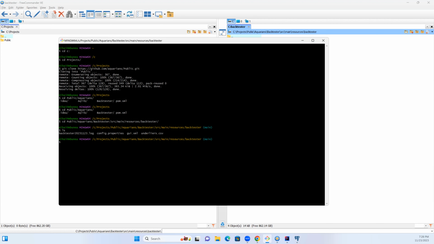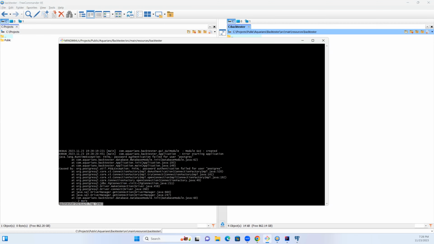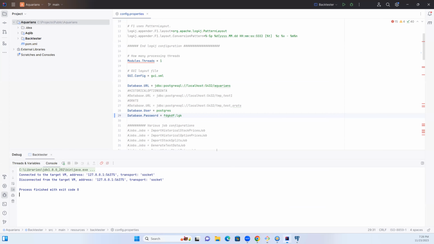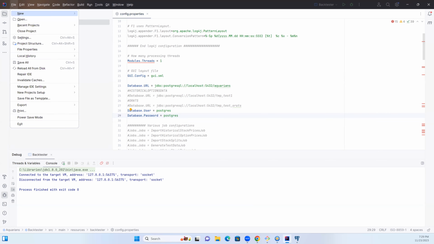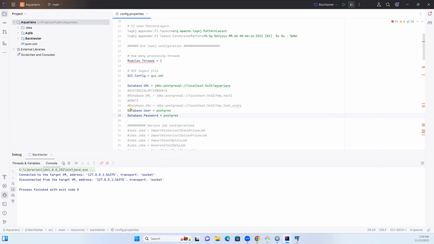We have the backtester log, and we see that password authentication failed for user postgres. So make sure that you use the right password. In this case, change it to this. Save, run again.